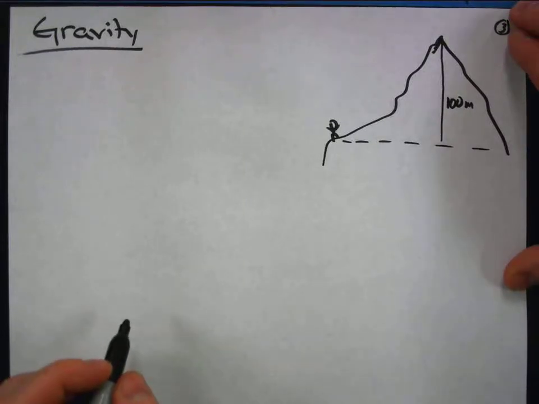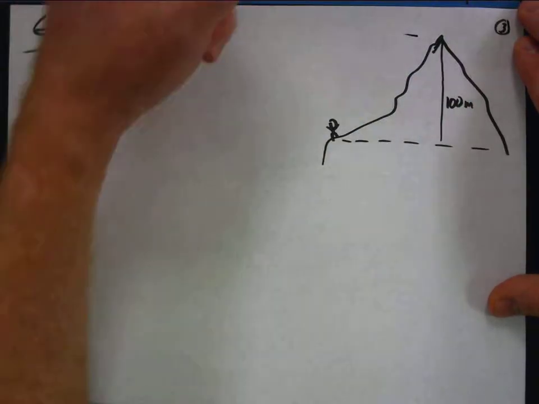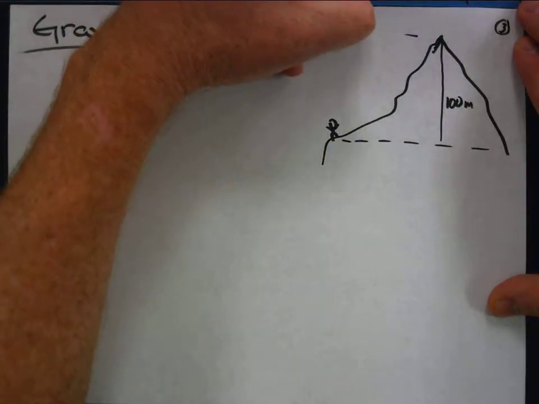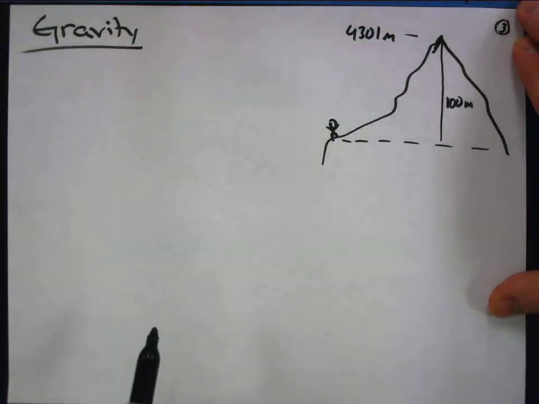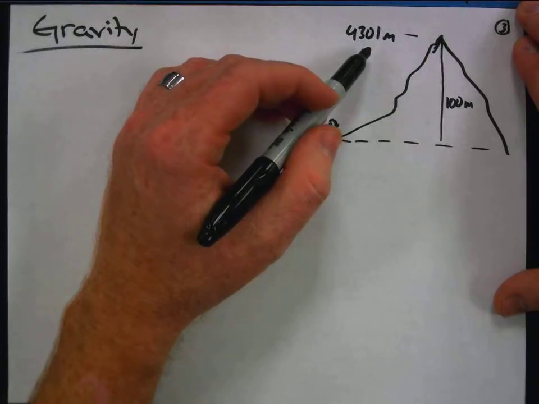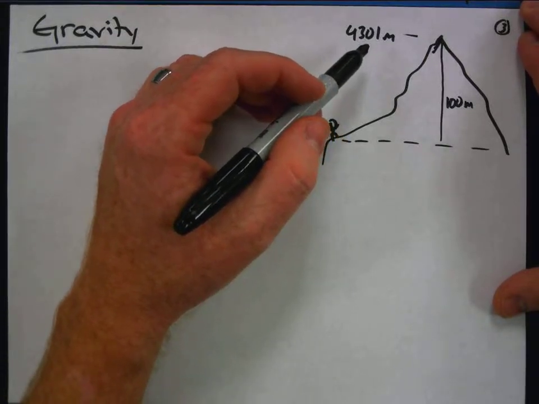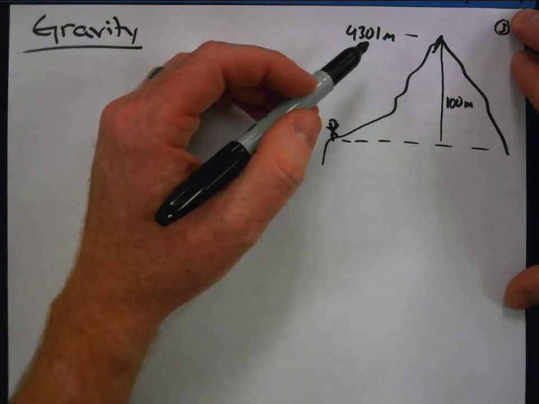Nice round number for us. The elevation at the peak is, let's give it 4,301 meters above sea level. This peak elevation comes from Pikes Peak, which I believe is located in Colorado.